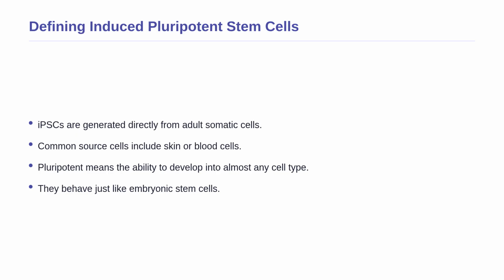The word pluripotent is key here. It means these cells have the extraordinary ability to develop into almost any cell type in the entire human body. They share this incredible adaptability with embryonic stem cells, but as we will see, they are created in a completely different and groundbreaking way.